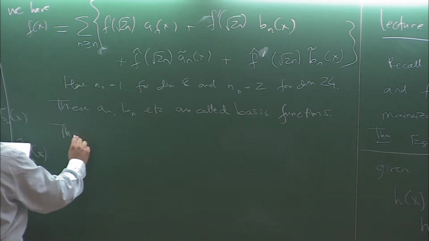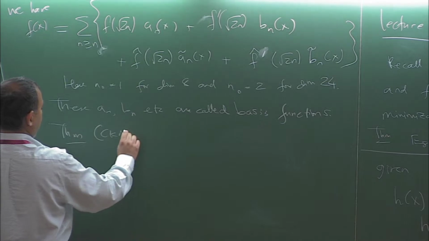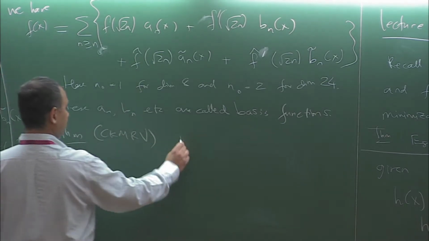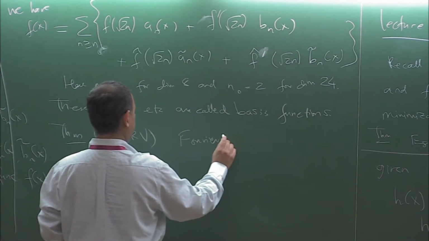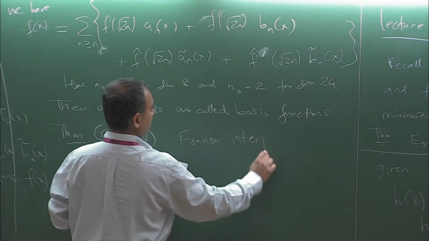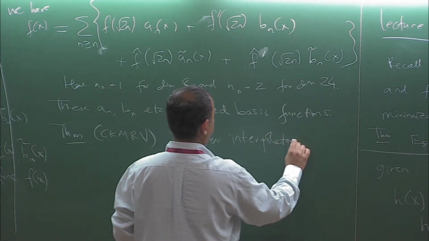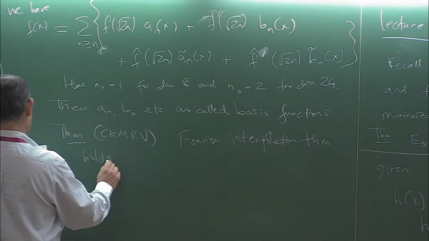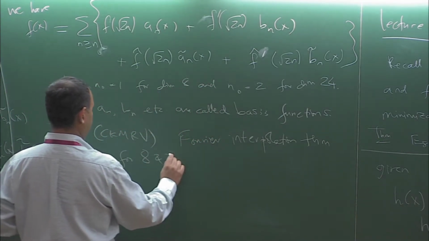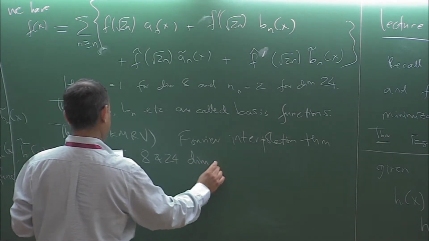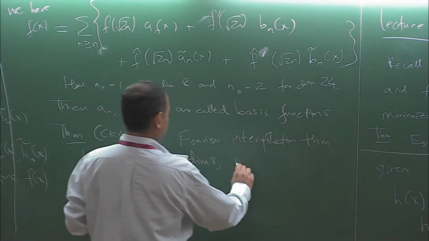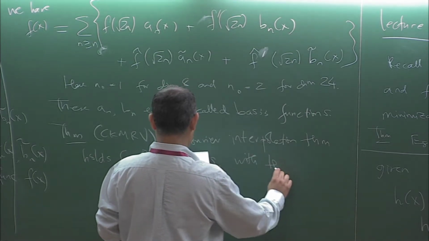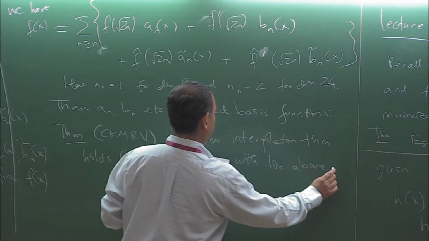It's a theorem that Fourier interpolation holds for 8 and 24 dimensions with the above parameters.